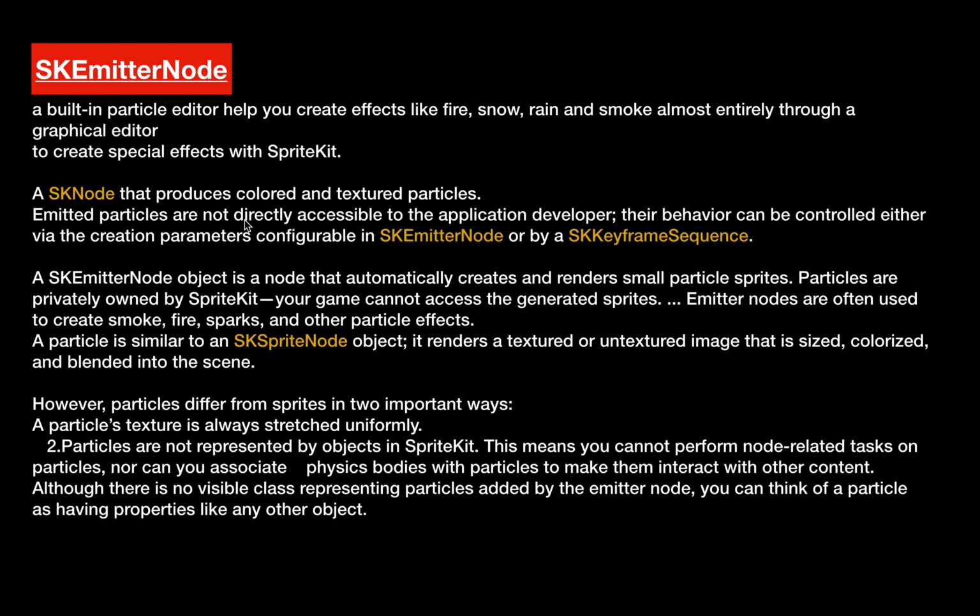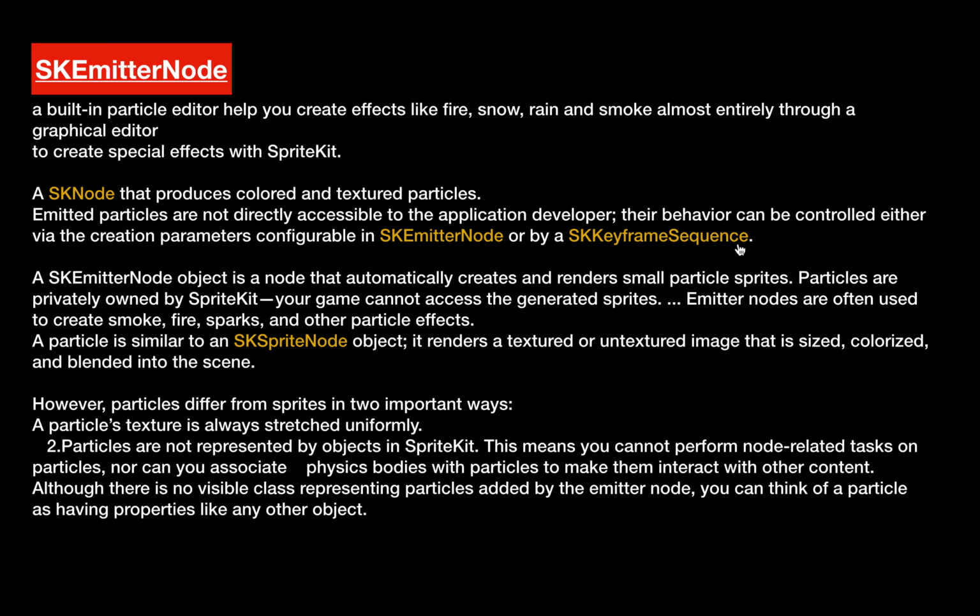An SKNode that produces colored or textured particles. Emitted particles are not directly accessible to the application developer. Their behavior can be controlled either by the creation parameter configuration in SKEmitterNode or an SKKeyframeSequence. This is very important.